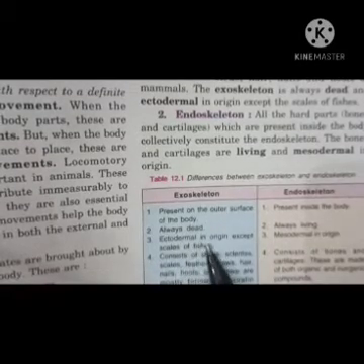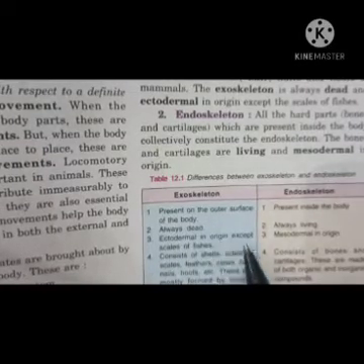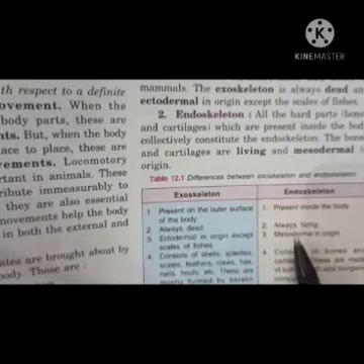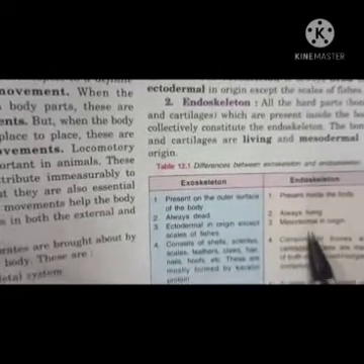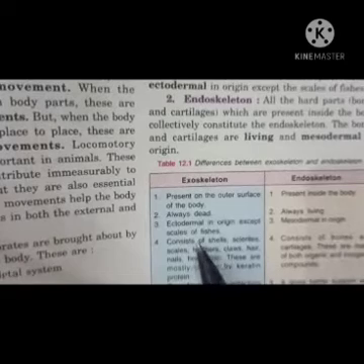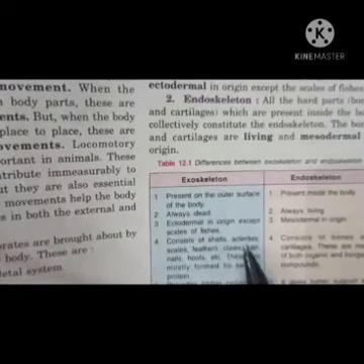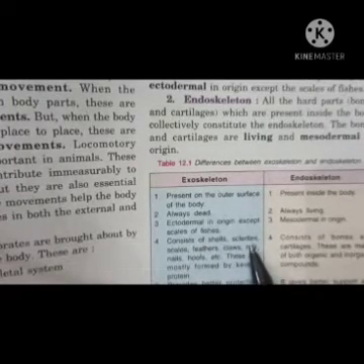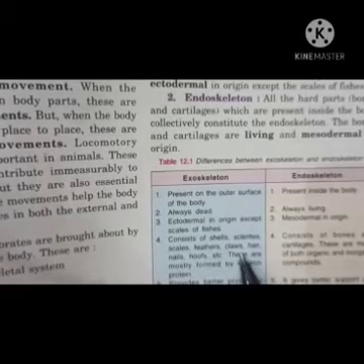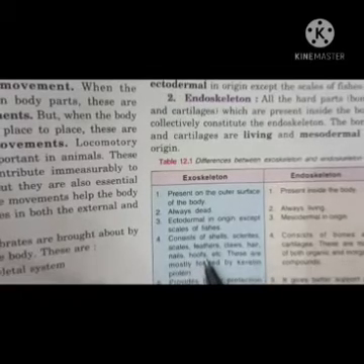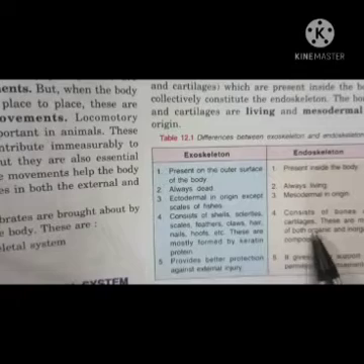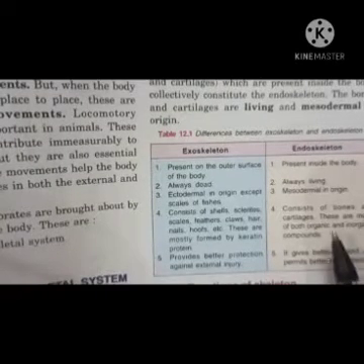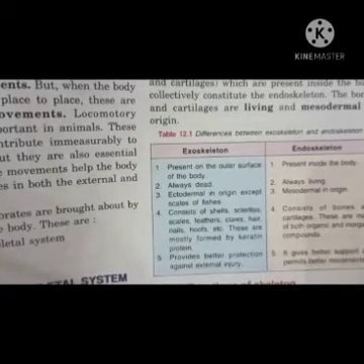Exoskeleton is ectodermal in origin, except the scales of fishes, while endoskeleton is mesodermal in origin. Exoskeleton consists of shells, sclerites, scales, feathers, claws, hair, nails, hoofs, etc., while endoskeleton consists of bones and cartilages.